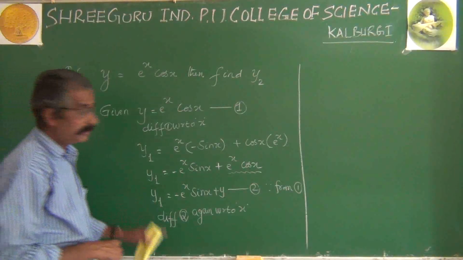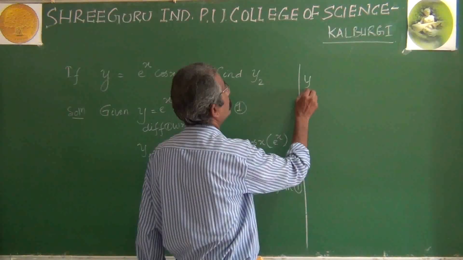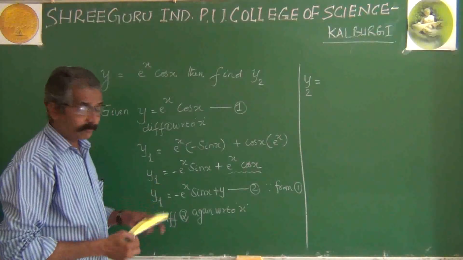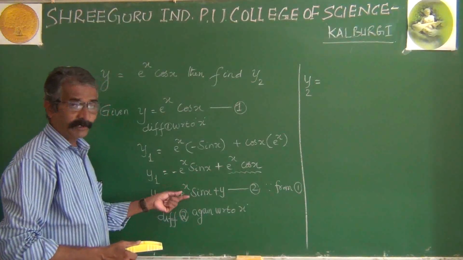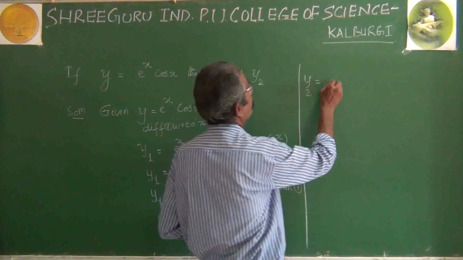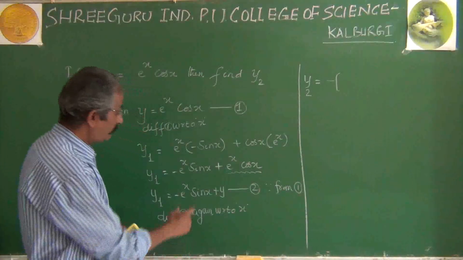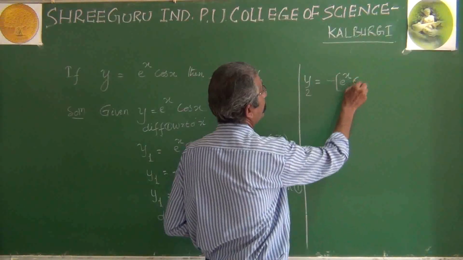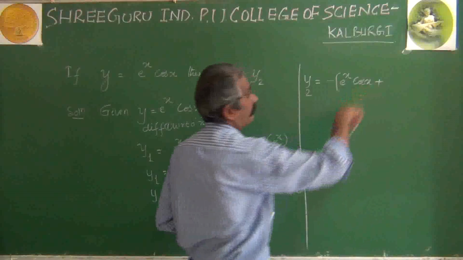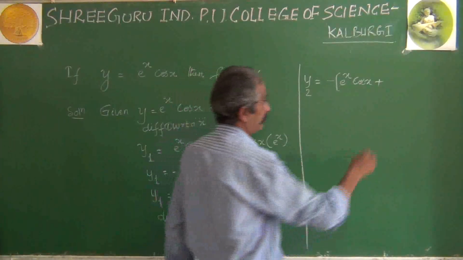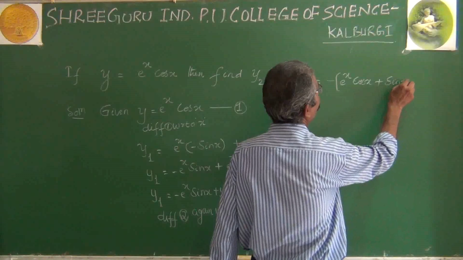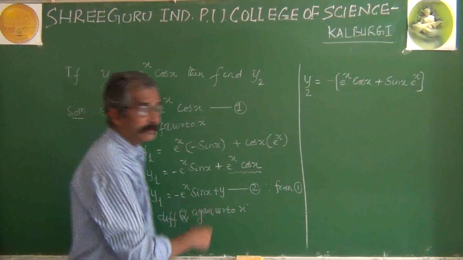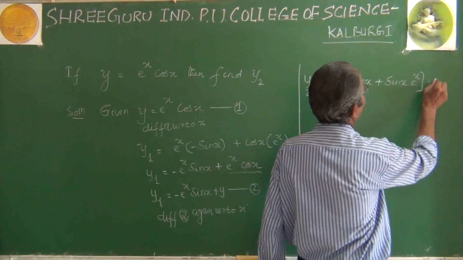Differentiation of y1 is denoted as y2. Whereas on the right hand side, overall sum rule, but here we need to apply the product rule, minus of bracket. Here by product rule, first function e power x into differentiation of sin x is cos x, plus second function sin x into differentiation of e power x is e power x, plus differentiation of y is nothing but y1.